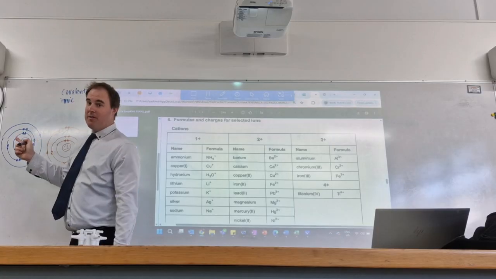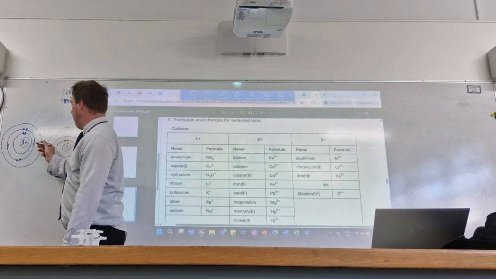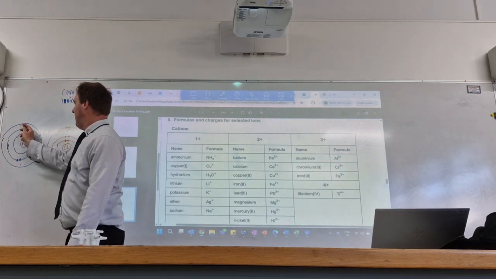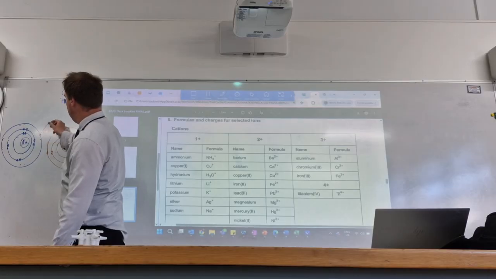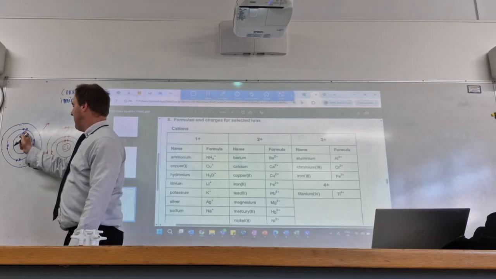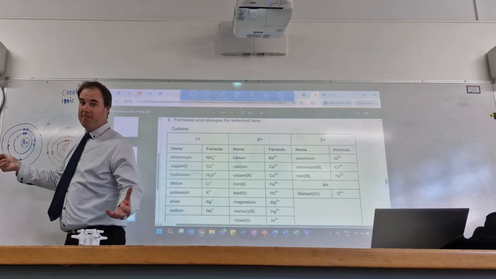It's not full at the moment because there's only 1 electron in this third shell. So it could either try and gain 7 more, which would be very difficult to do, or it can just kick that one out or give that one away, and then it loses this third shell and drops down to this second shell, which is full, and then sodium would be happy.